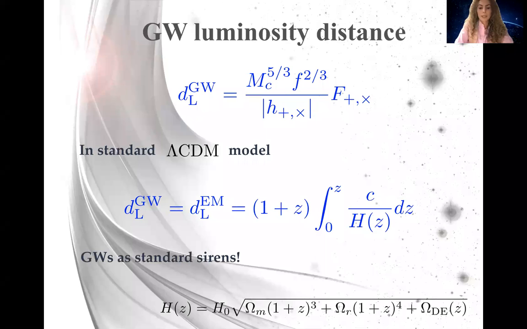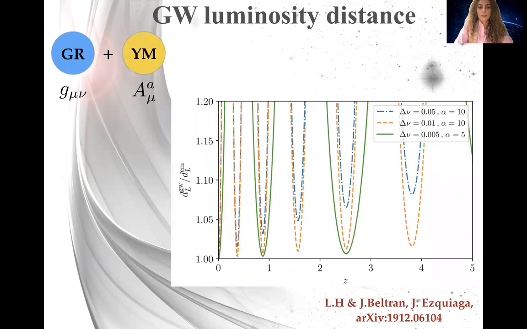We can also use these new observations of the luminosity distance of gravitational waves to hopefully tell some independent information about the H0 tension. Just to give you another example, if you had an additional Yang-Mills field, then the ratio of these luminosity distances is not going to be equal to 1, but it can oscillate.